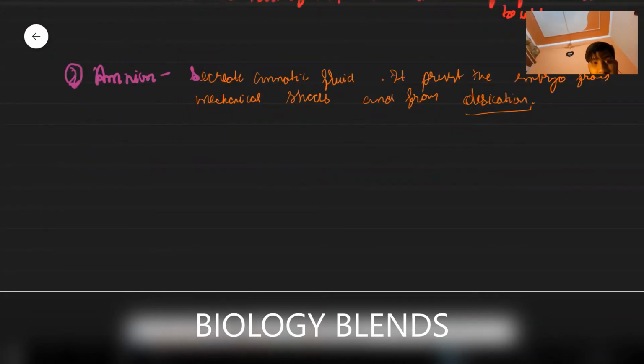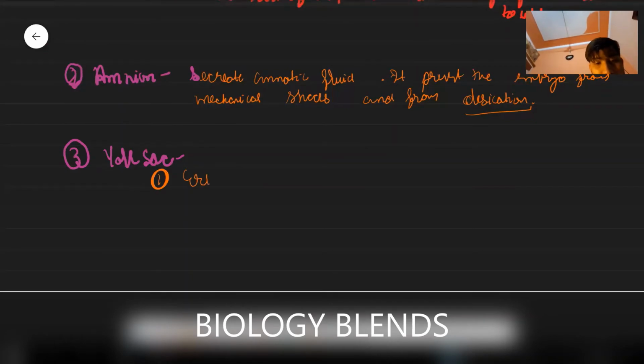After the amnion, the third structure is the yolk sac. The main function of the yolk sac is erythropoiesis, forming RBC. And here are the cells known as PGC, primordial germ cells.